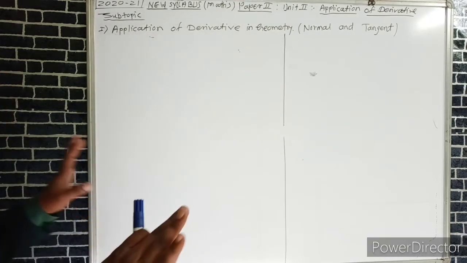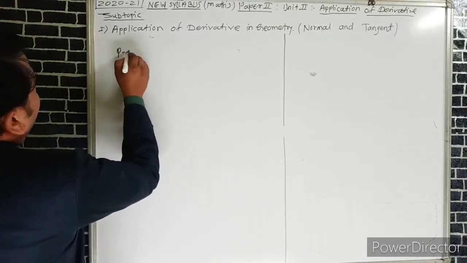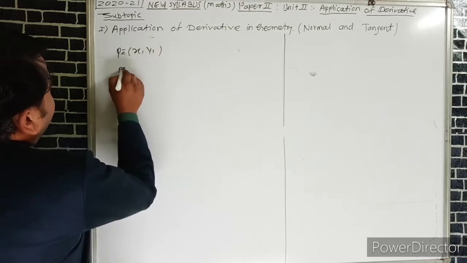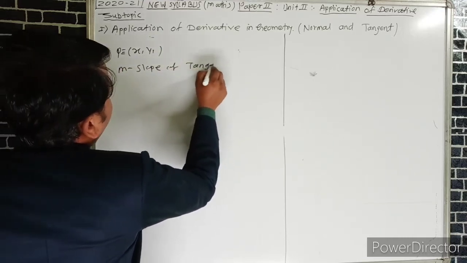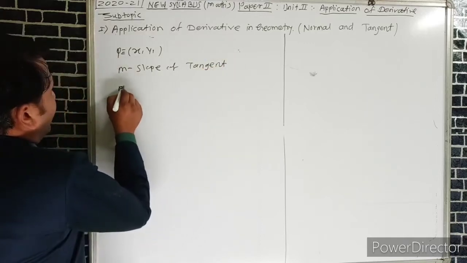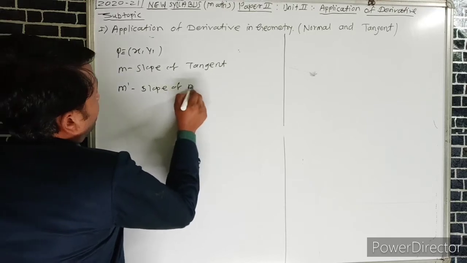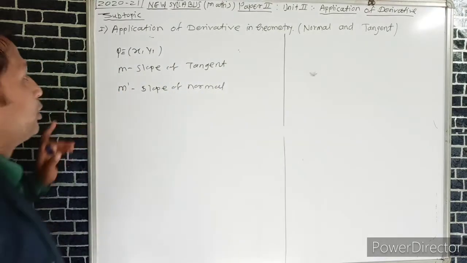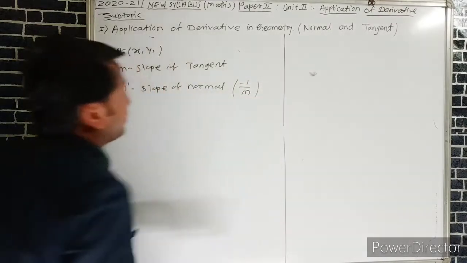From the above condition, when P is any point whose coordinates are (x1, y1), m is the slope of tangent and m dash is the slope of normal. Here the value of m dash, or slope of normal, we can write as minus 1 upon m.